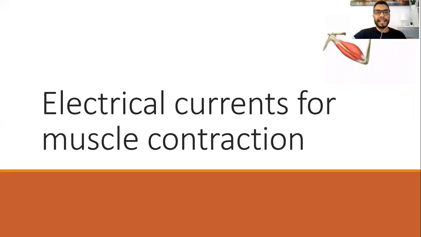Hi guys, in this video lecture we will learn what are the electrical currents used for muscle contraction, a bit of physiology as well, what's the physiology behind these electrical muscle contractions, and finally the applications of the application techniques of these types of currents.